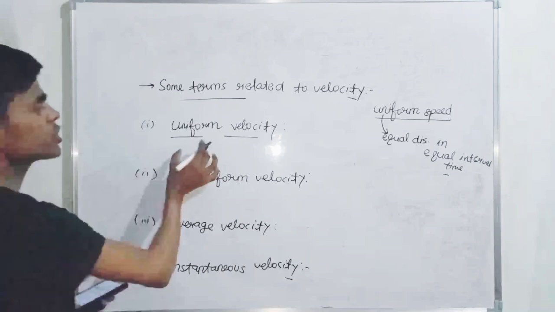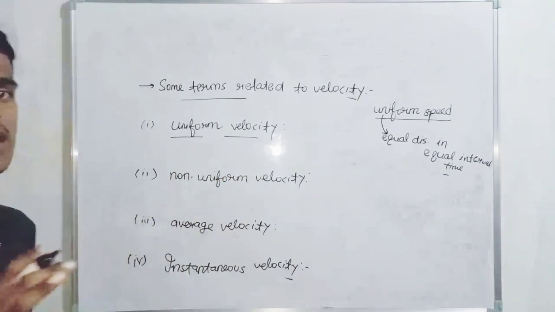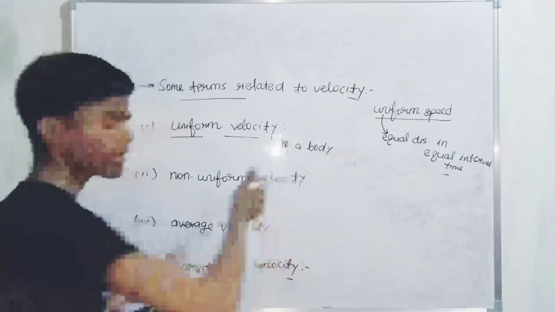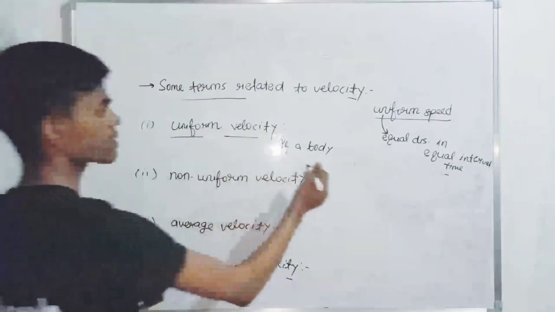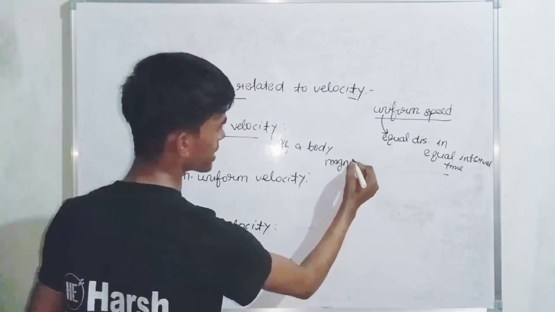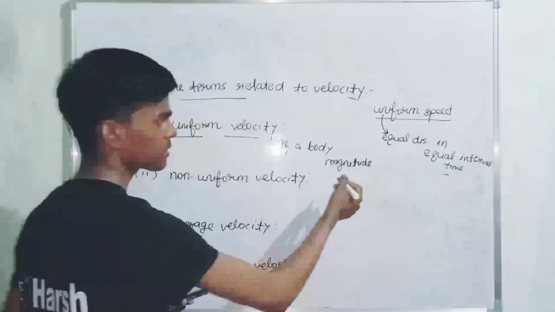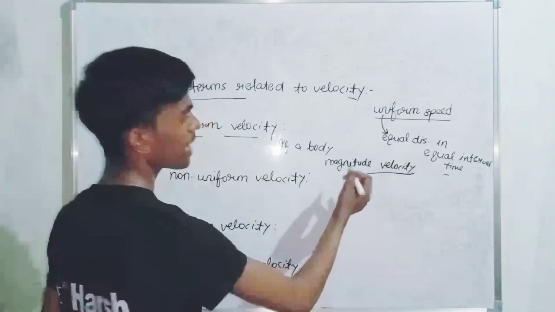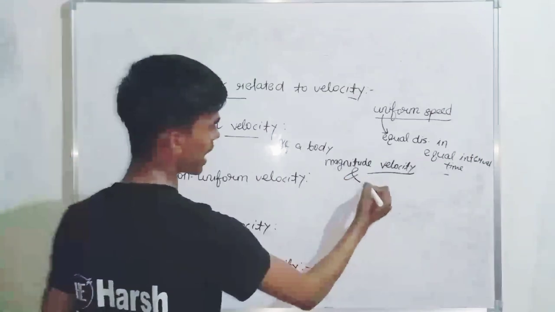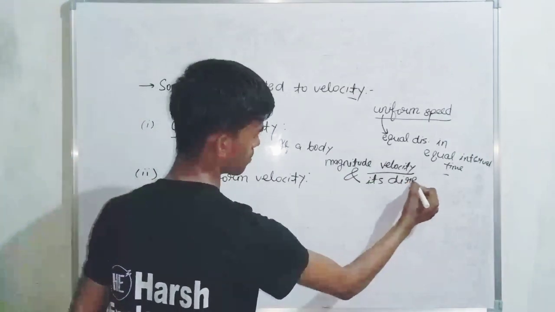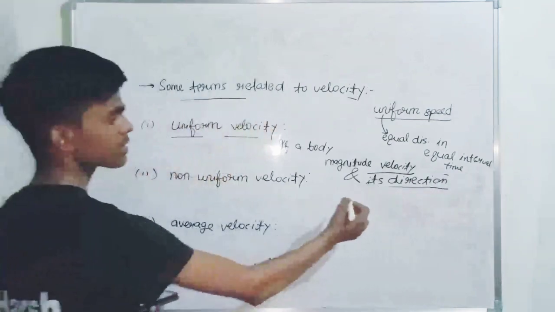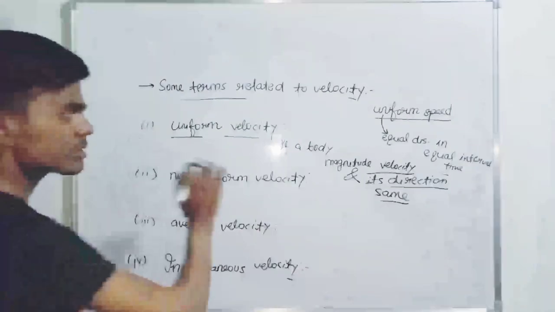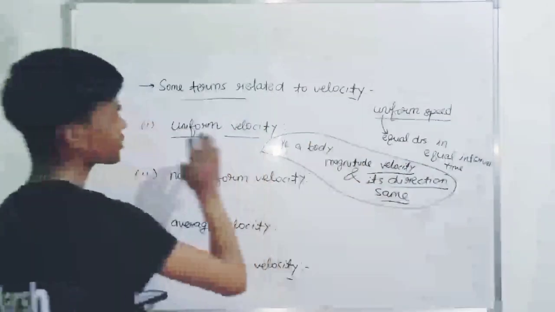Uniform velocity is defined as follows: if a body travels in such a manner that the magnitude of its velocity and its direction remain the same, it is known as uniform velocity, because its magnitude and direction remain constant.